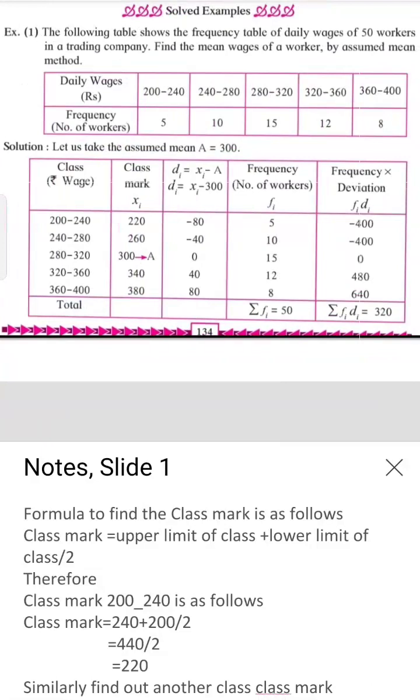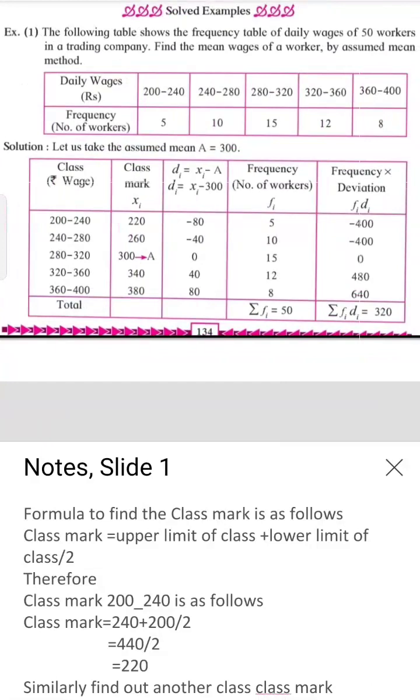Then find out the class mark of each class. How to find the class mark? Here I note down the formula. The formula to find the class mark is as follows: class mark equals upper limit plus lower limit divided by 2. So for the first class, 200 to 240, find it using the formula.